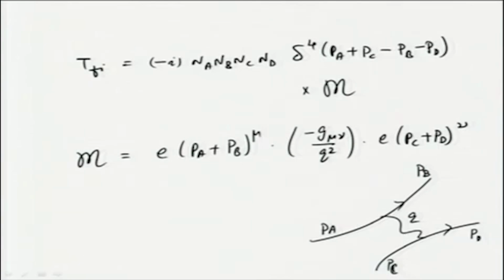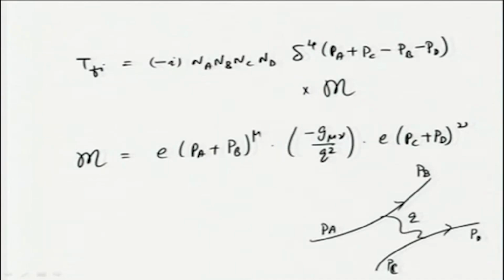So, the first part, e (p_A + p_B)^mu, is associated with the first particle current. The second part, in the bracket, g^mu nu over q squared, is associated with the propagator, and the last part, e (p_C + p_D)^nu, is associated with the current due to the second particle. That is one part.